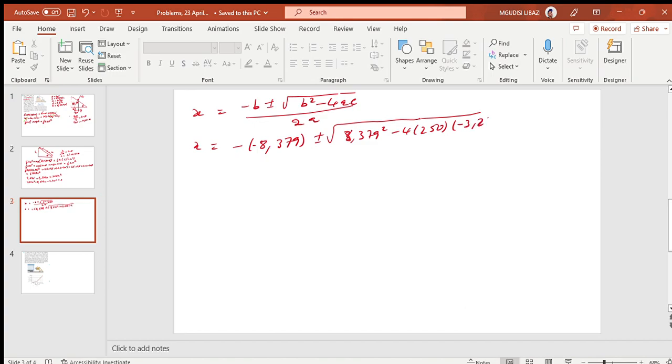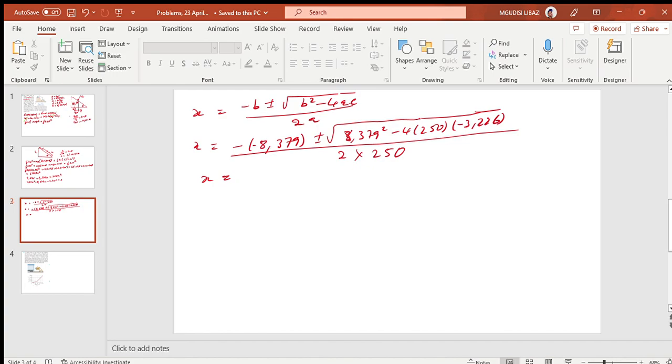All divided by 2 multiplied by a, and a again is 250.